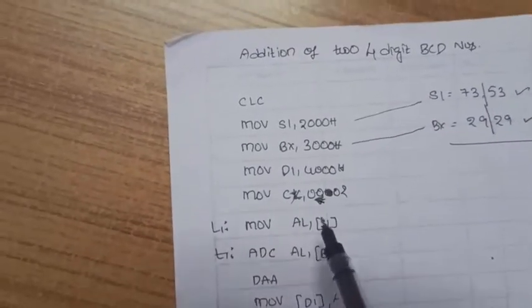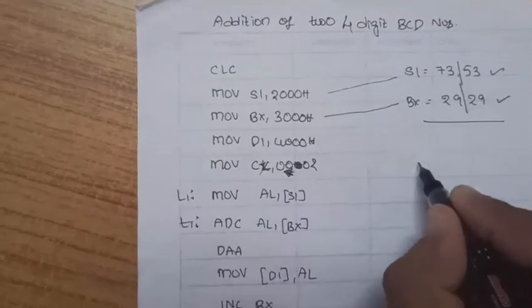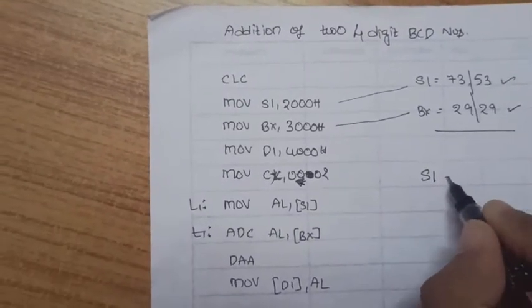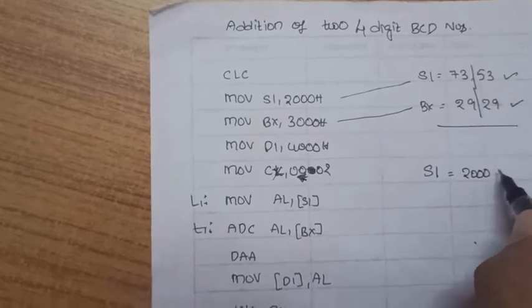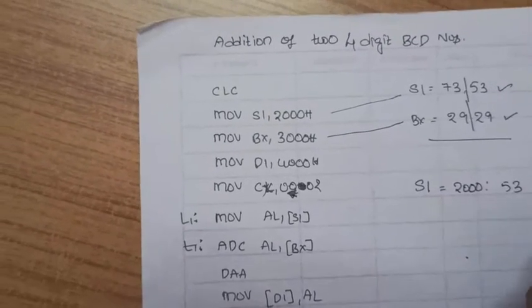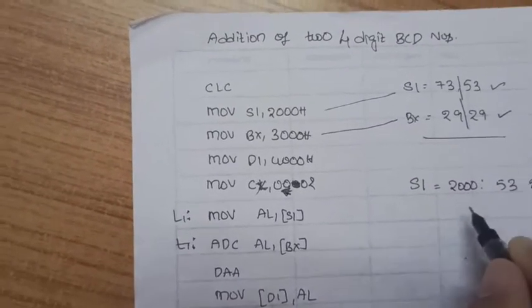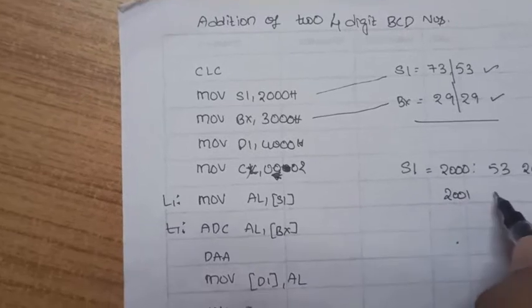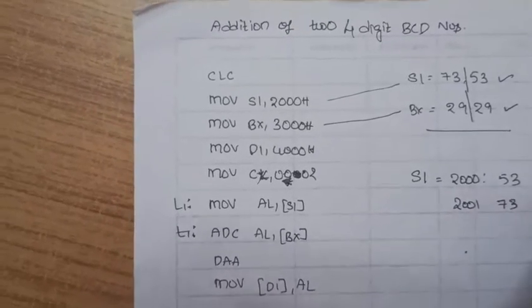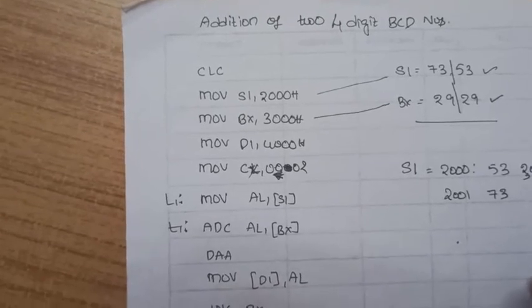Now the first thing is MOV AL, [SI]. If you observe these memory locations, SI equals 2000. In 2000 we have 53, and in 2001 we have 73. Similarly in 3000 we have 29, and 3001 we have 29.